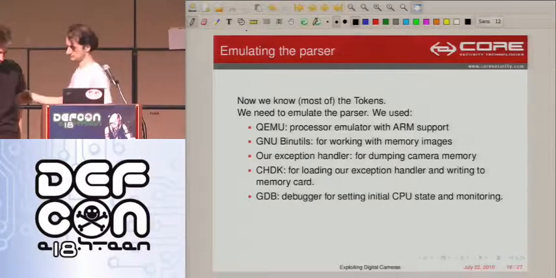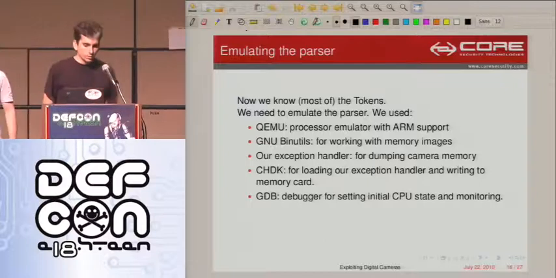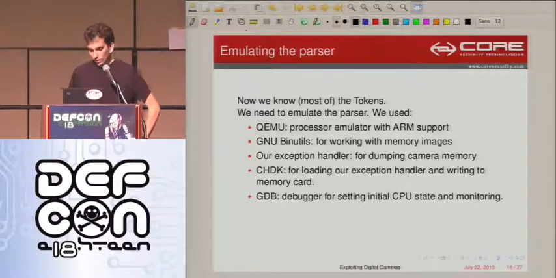Now, Oren will talk. Well, as Alfredo was saying, having the tokens was not enough. Even when we tried some very simple BASIC scripts, they appeared invalid. So we had to emulate the original firmware on an emulator. We used QEMU, which has the capability to emulate an ARM processor, but can't emulate the whole camera.